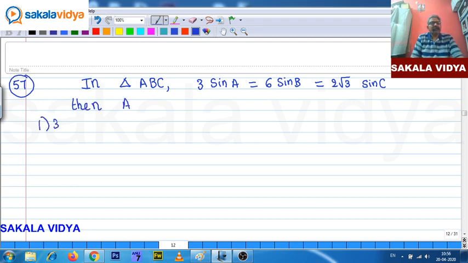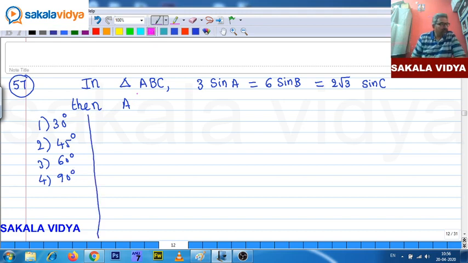A may be 30 degrees, 45, 60, or 90. So we need to select which option is correct.